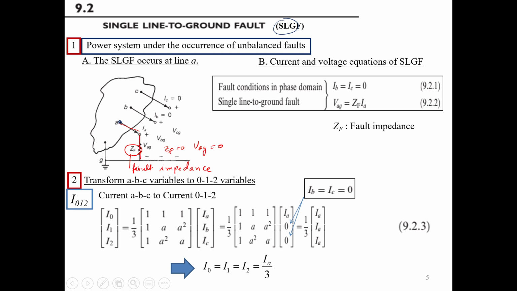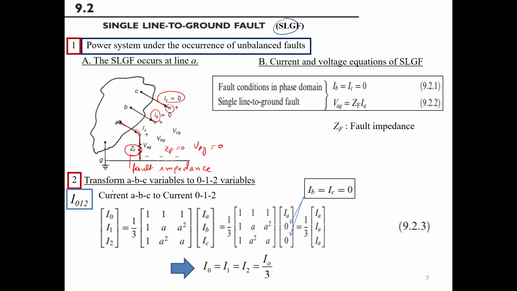But what we can see here is that since there's a short circuit to the ground only, the phase B and phase C are not connected to the ground, so there is a voltage drop across these two, since this is not connected to anything. So the current flowing out of port B and port C, IB and IC, are zero.